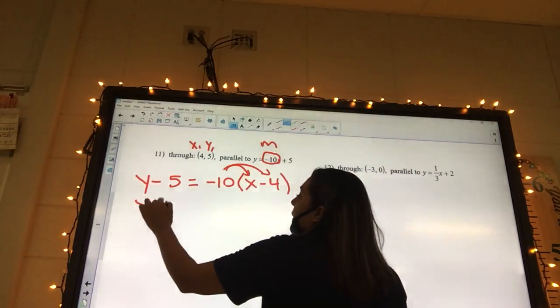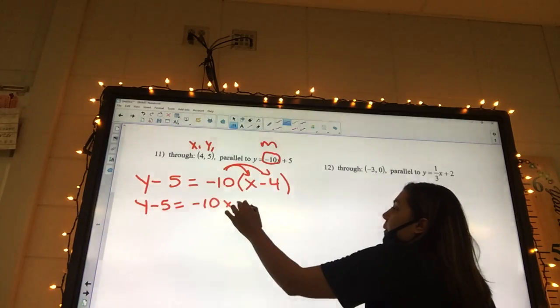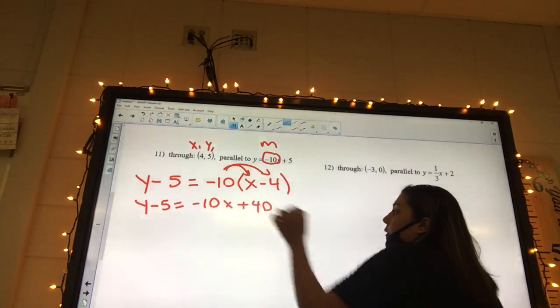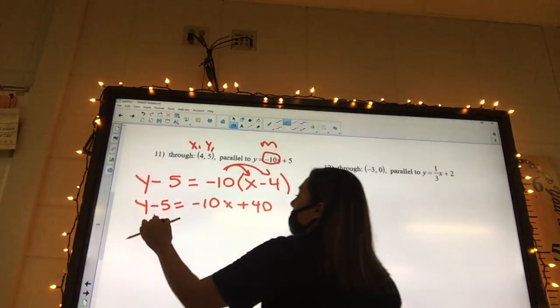Okay, so I'm gonna have y minus 5 equals negative 10x, and this is gonna be positive 40. Okay, then what? Oh, you plus 5. Plus 5 on both sides.